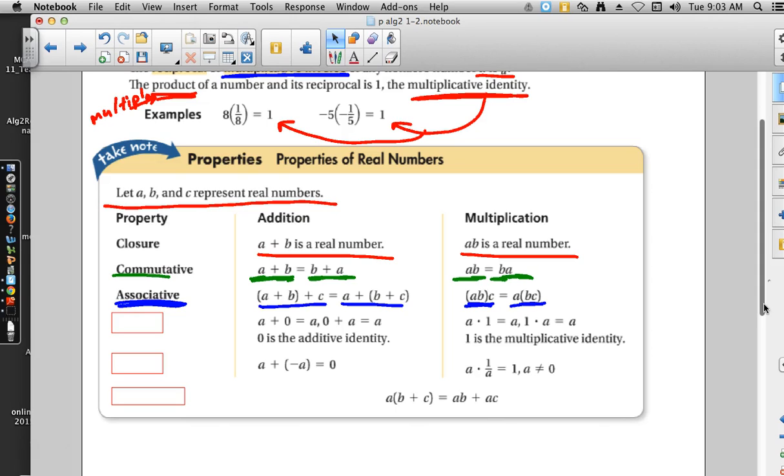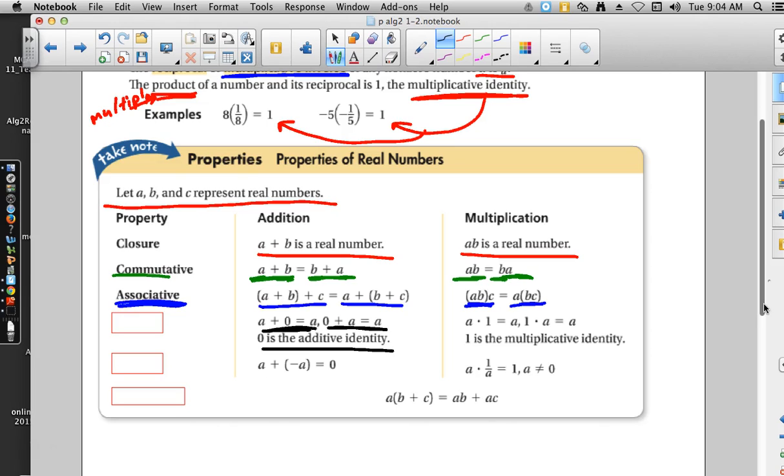Now, the next two that we see here, we actually talked about in the examples up above, and we said, all right, we've got 0 plus a is a, and 0 plus a is a. They mentioned earlier that that's going to be the additive identity. Well, yes, because if you add 0 to a number, you just get that number back. You have not changed its identity.